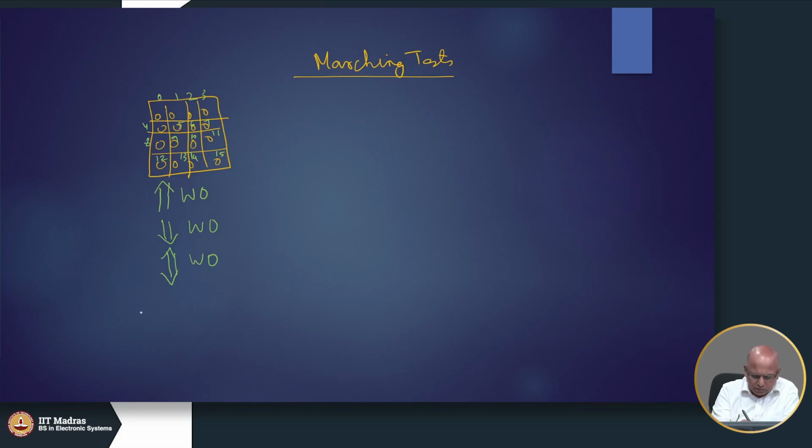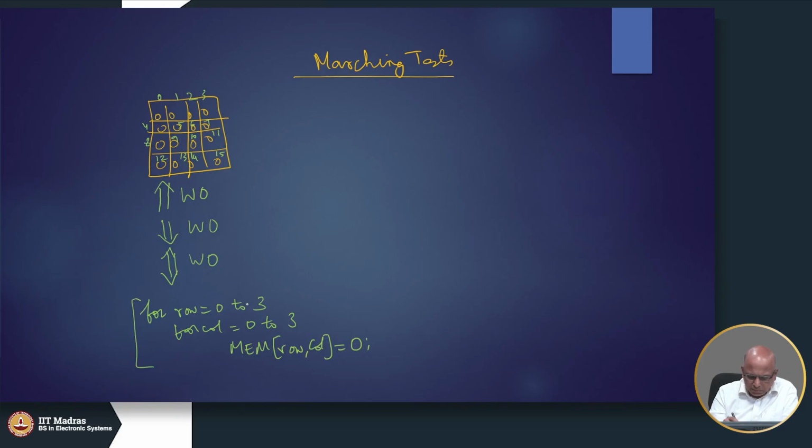So essentially what we are doing is for row equal to 0 to 3, for column equal to 0 to 3, memory of row column equal to 0. So that is what is happening.